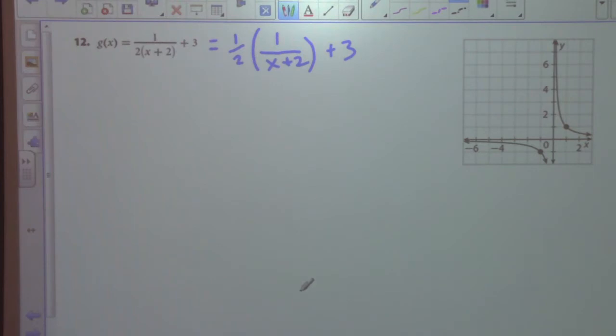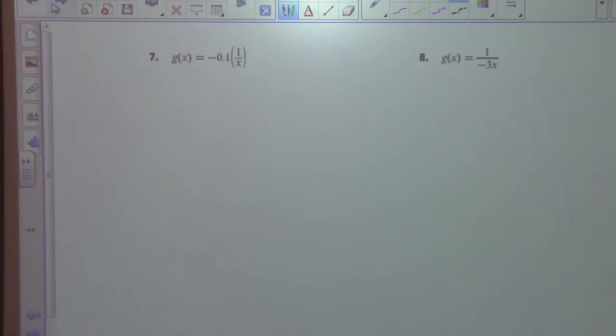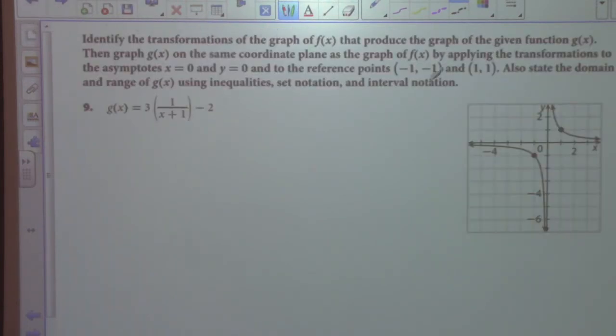And so you're trying to graph this function here and then find its domain and range. And it says, I think it says find the asymptotes too, doesn't it? Yeah, find the asymptotes and the reference points.